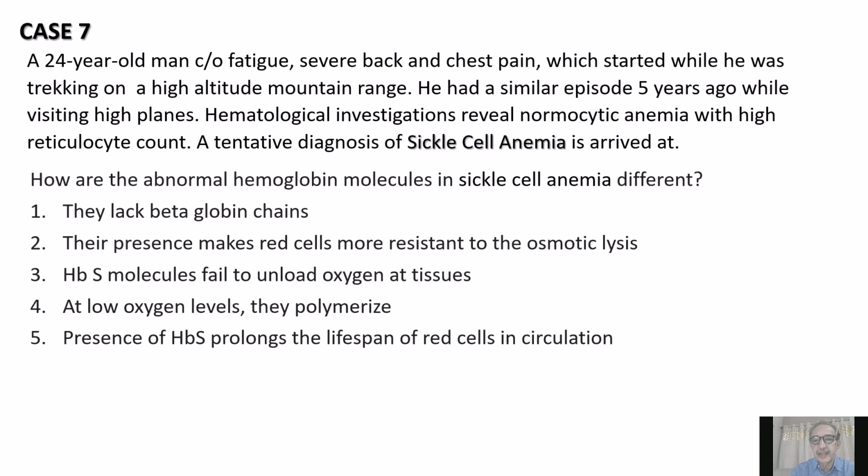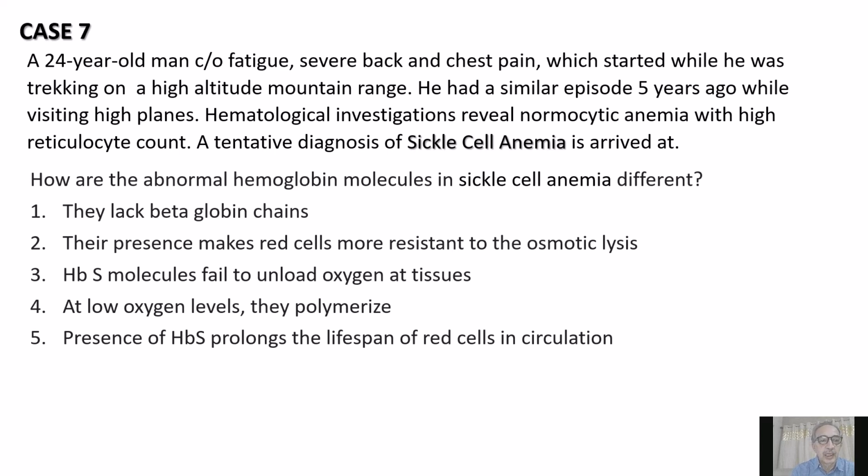Sickle cell trait is more common than sickle cell anemia. Sickle cell anemia is more common in Africans. These persons are more resistant to malaria, they say. But here the question is about the hemoglobin molecules.